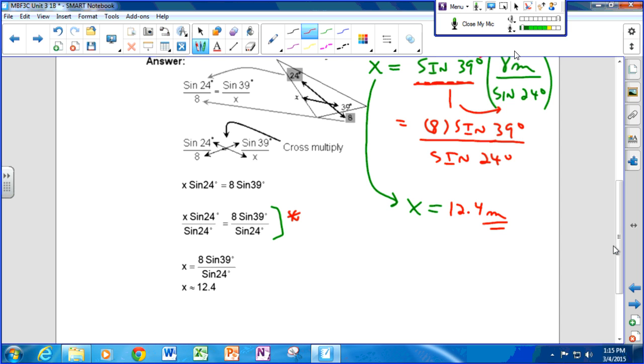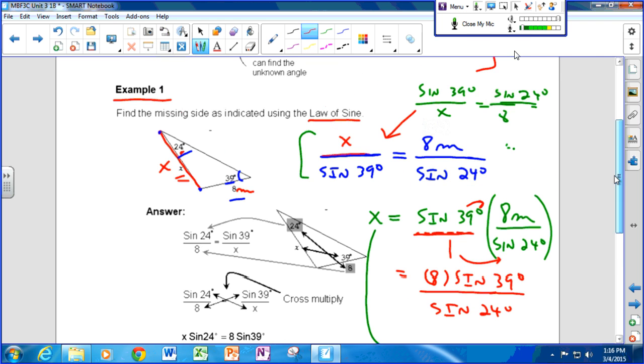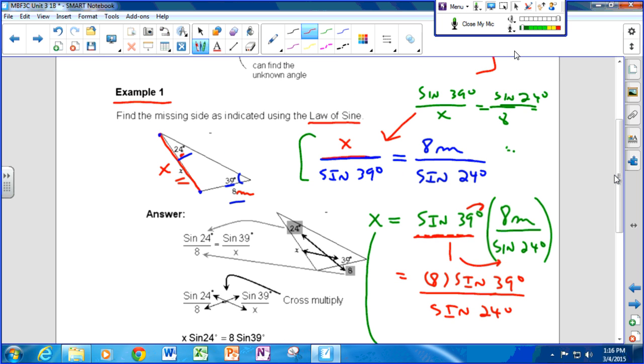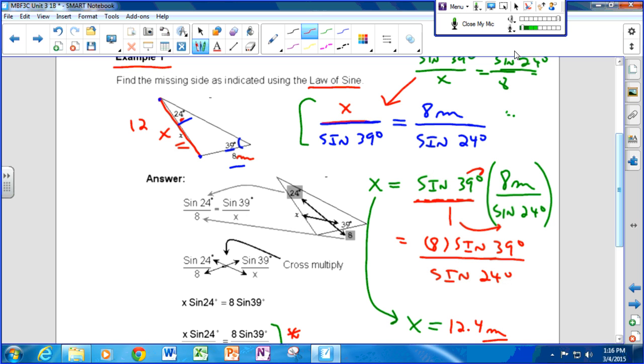They are not putting the units in the text, and they should. It's just a little oversight. Okay. So now, what does this mean? Let's go back to our diagram here, and write in the answer: 12.4 meters.